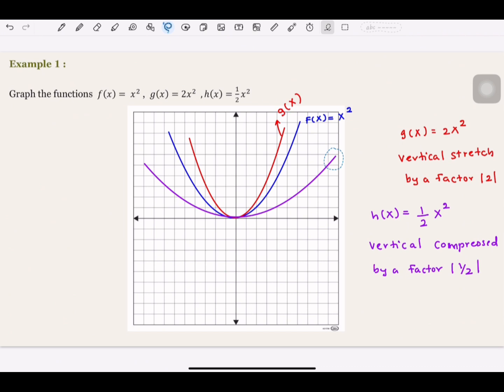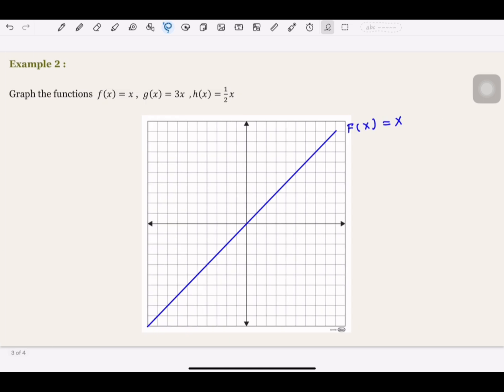Here, let's take the parent function as y equals x. This is a straight line that passes through the origin with a slope of 1, and it rises at a steady 45-degree angle.